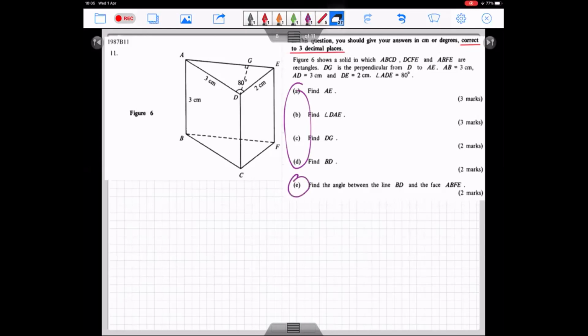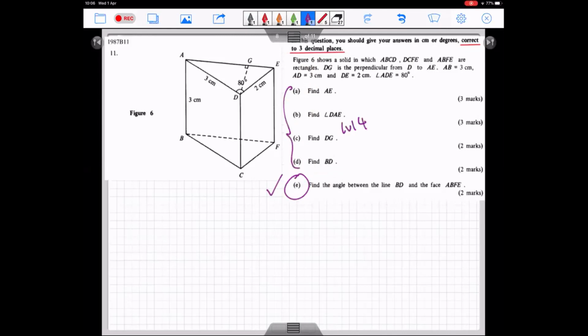Now, part E, in terms of the DSE, is the watershed between level 4 and level 5. If you want to achieve level 5, you have to do this. This is the battleground for level 5. These are for level 4.